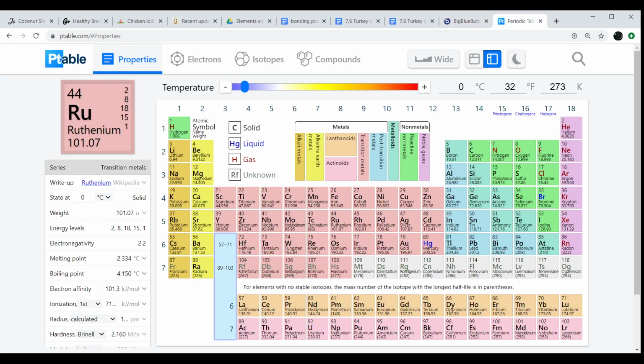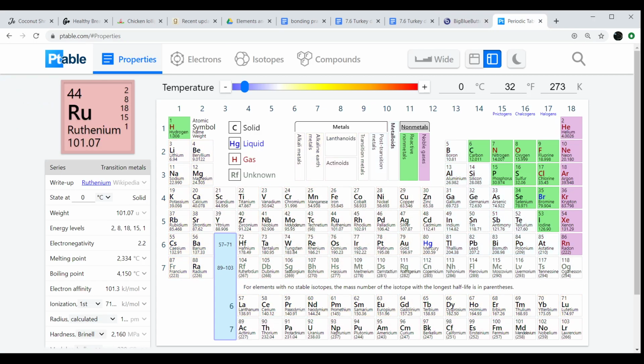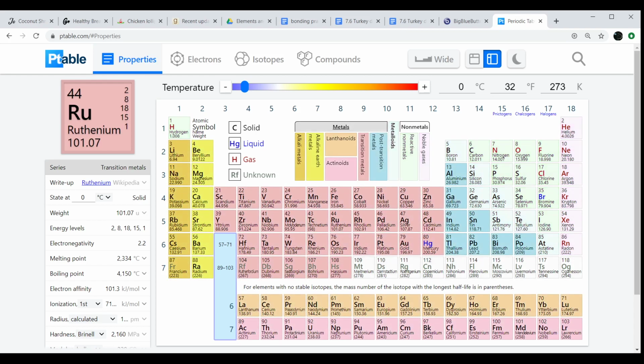Okay? We can go back here and look at nonmetals, and nonmetals are going to be the things that can take electrons. Okay? So notice the nonmetals here, they're very small. It's only got this small little area where we've got like the carbon, the nitrogen, oxygen, and fluorine. And then the metals make up a majority of it. Okay?